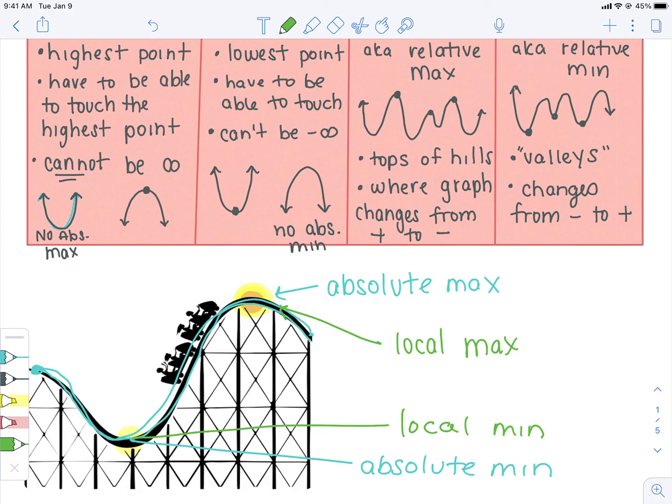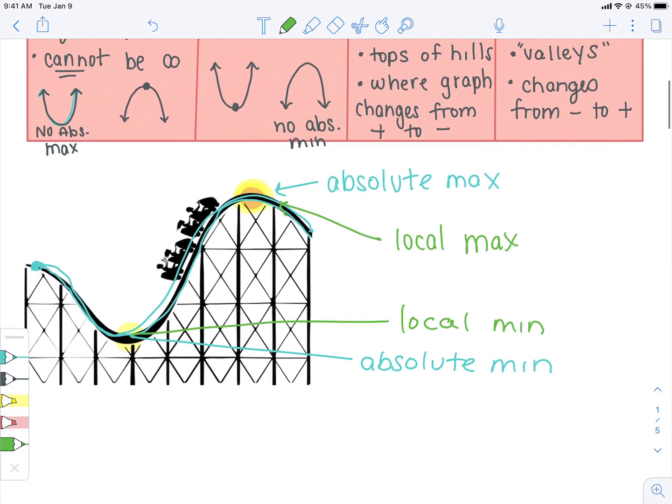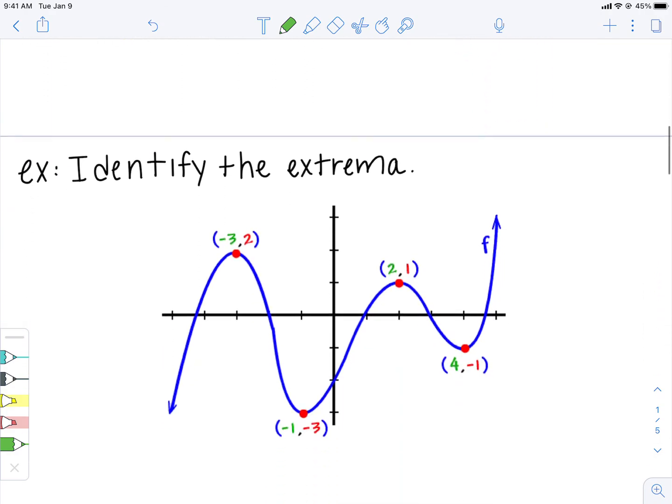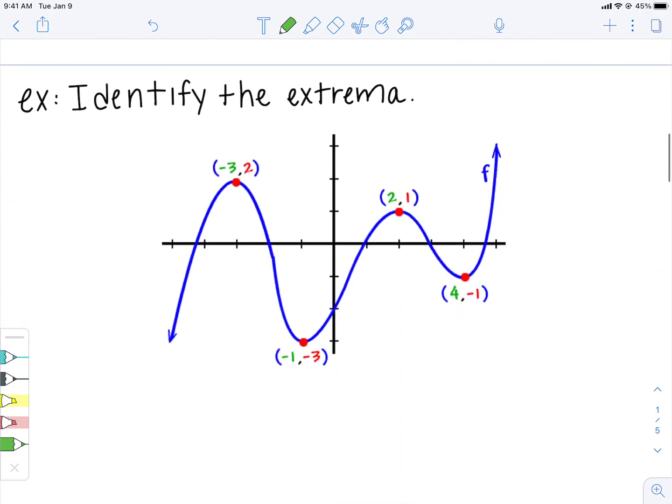Let's ditch these roller coasters and use some real graphs. So if I give you this nice, beautiful polynomial, and I say identify the extrema, I'm now asking you to find the absolute max, the absolute min, the local maxes, and the local mins.